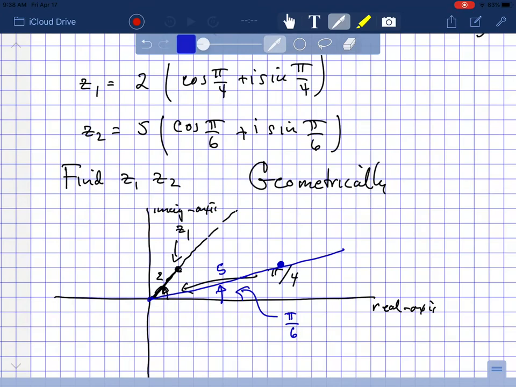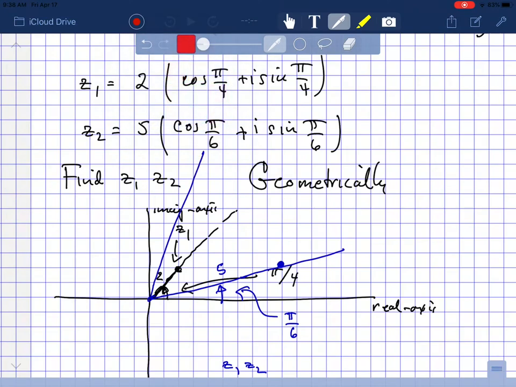All right, so what do I know? I know the location of z sub 1 times z sub 2. That's going to be along a radial line that makes an angle of pi over 4 plus pi over 6 with the real axis. So we'll say that's going to be along this line.